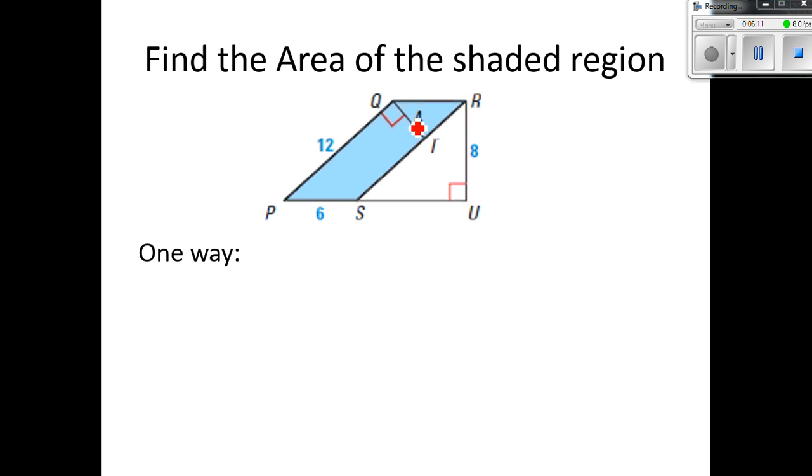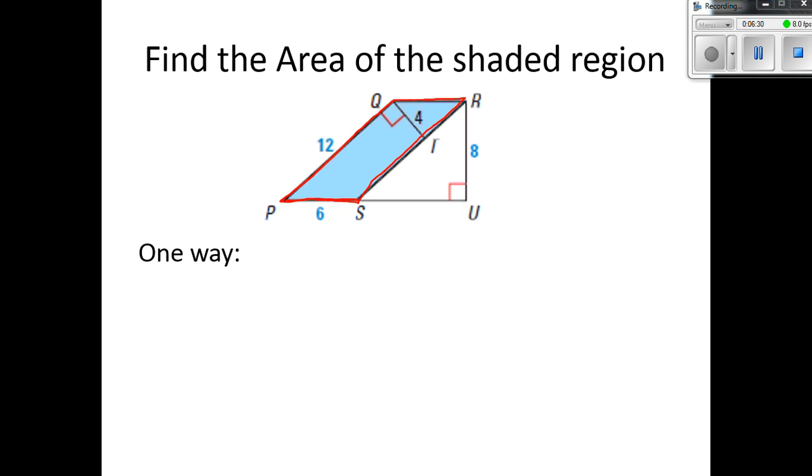Well, I kind of see a triangle here, and then I kind of see this, but this doesn't really make sense. So maybe if you look at the whole figure, the whole thing to me looks like a parallelogram.